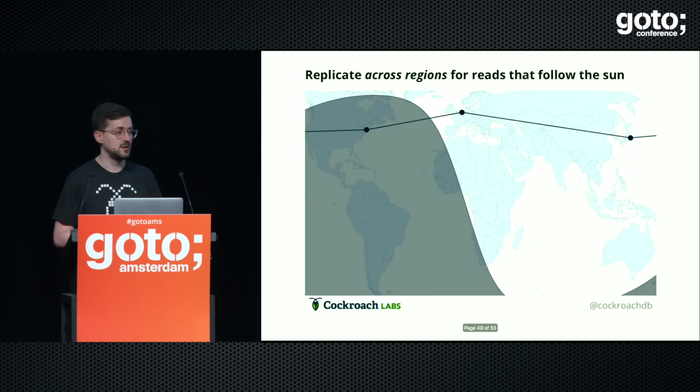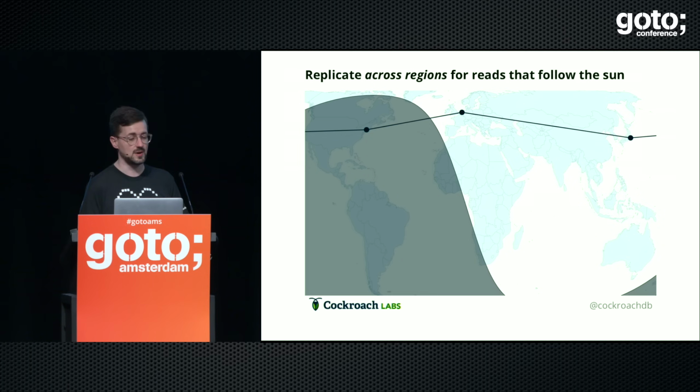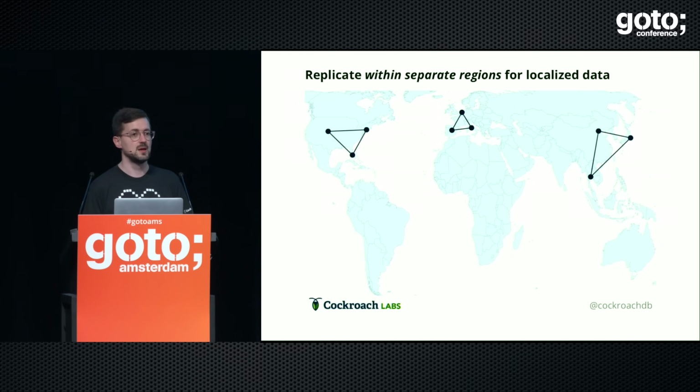For data that can take advantage of the follow the sun workload pattern, then you want to replicate that globally across regions to give the rebalancing process enough tools to find the right place to put the data and its leader. And finally, if your data is very strongly associated with a particular location and you want to optimize for write performance, then you can replicate within separate regional groups to keep that data in place.